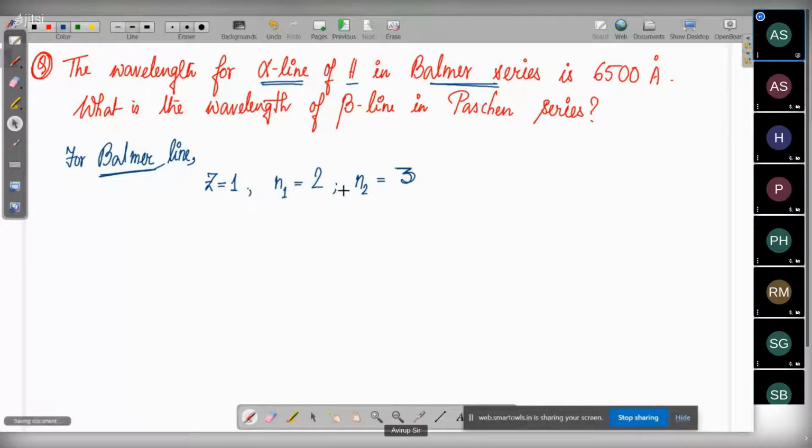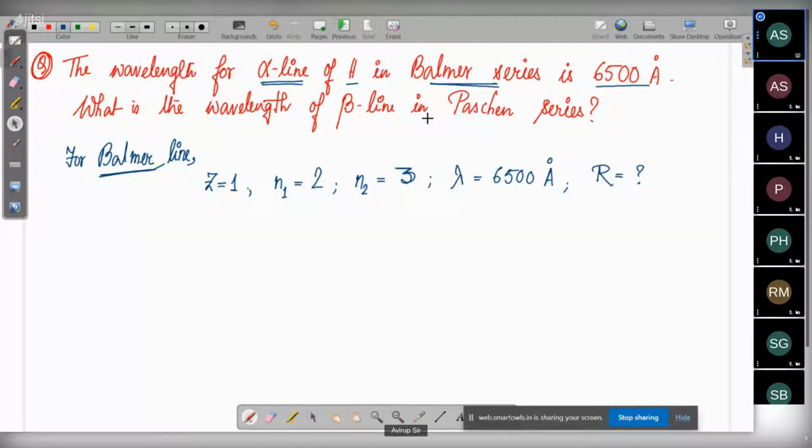So N1 is 2 and N2 is basically 3. Then lambda is also given, 6500 angstrom. What you do not know from here is the value of R, the Rydberg constant. Other than that, everything is given.